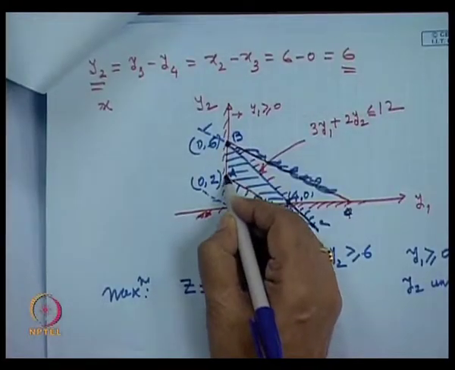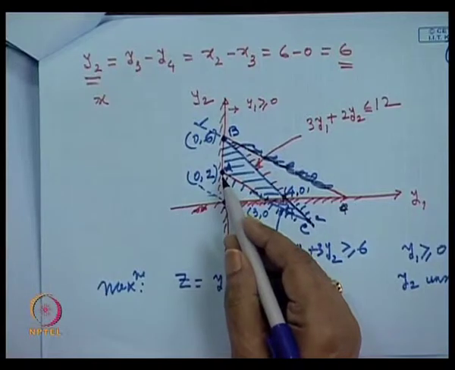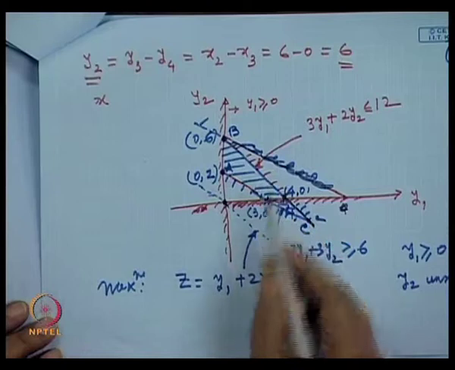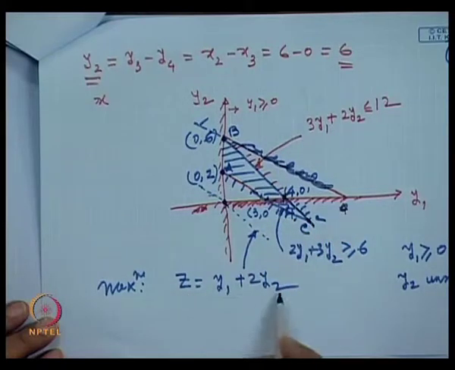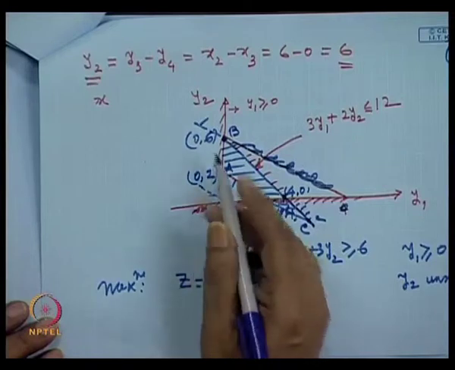That means we got this point, and immediately we can say the function value has increased from the previous value. At the previous point the function value was 0, and at this point it will be increased.